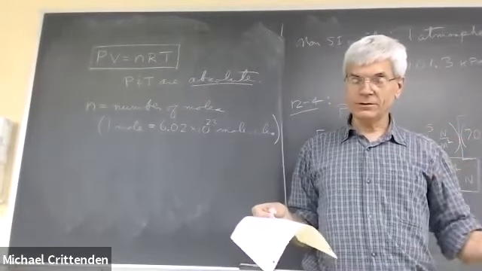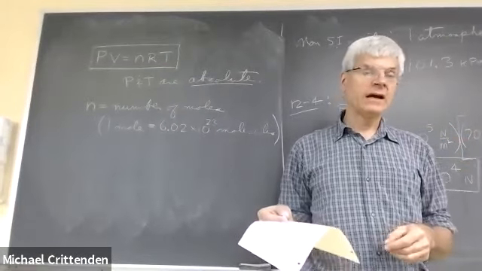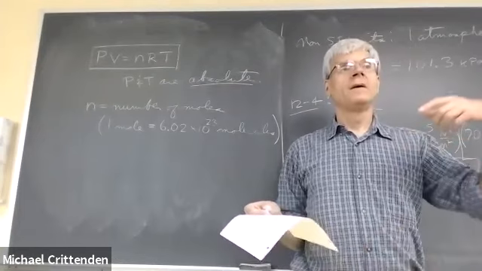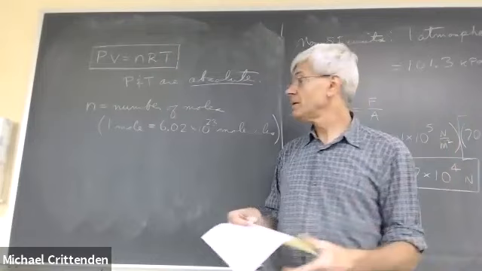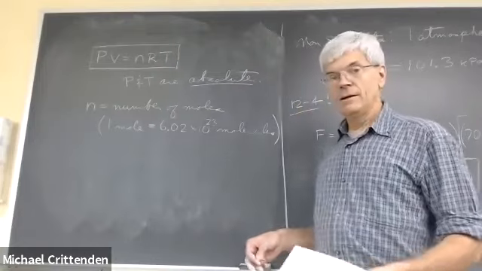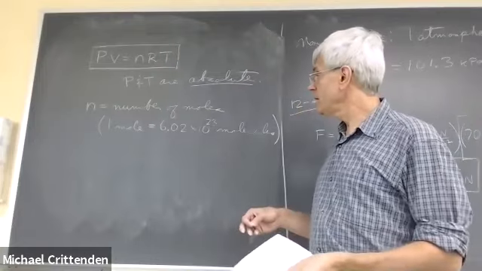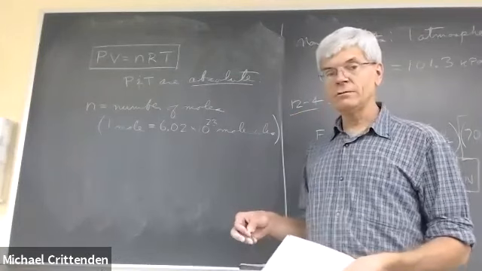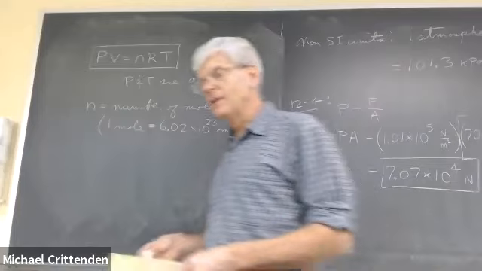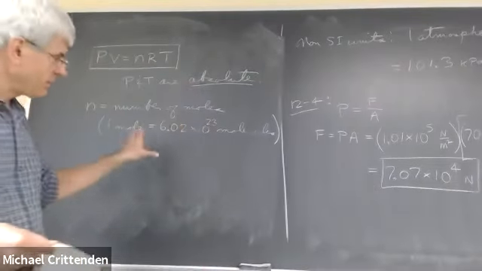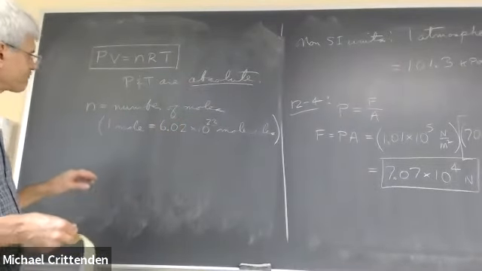You can go into the bakery and say, I want 2 dozen donuts, and the baker knows to give you 24 donuts, okay? And if you went into the bakery and tried to order a mole of donuts, well, the problem there is that they wouldn't have that many donuts, but it's the same idea.